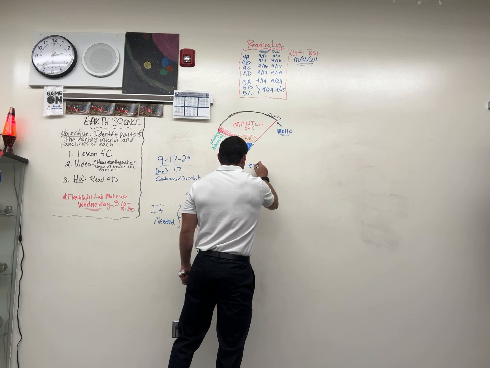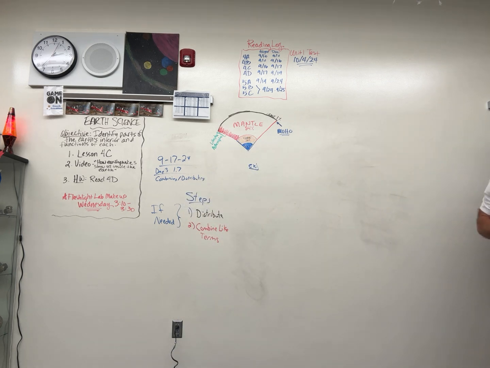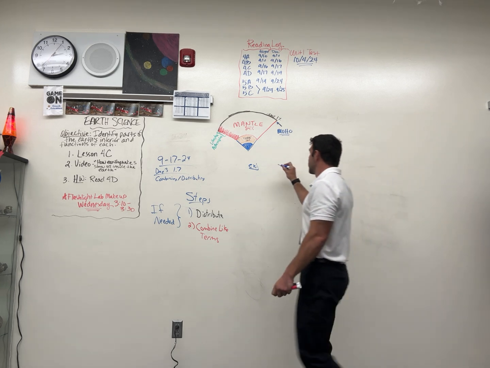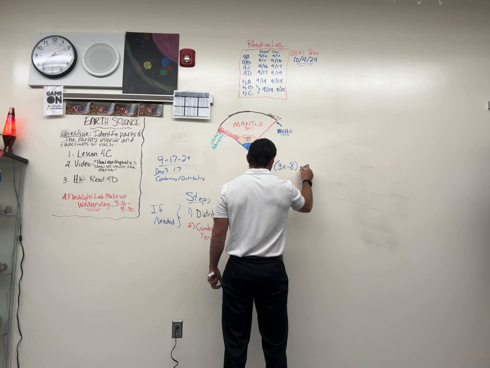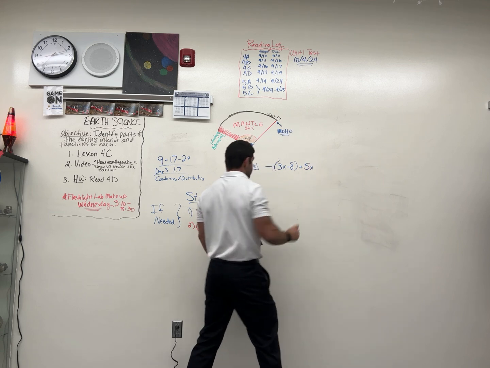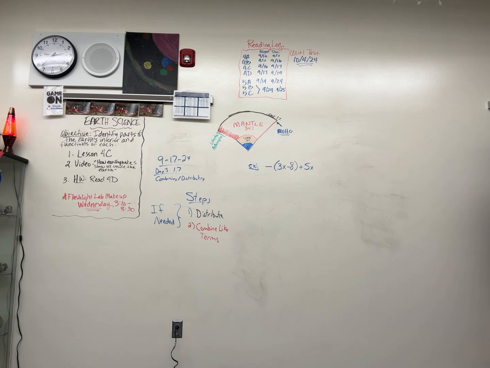So we're going to do 4 examples. Negative 3x minus 8 plus 5x. Step 1 is what?